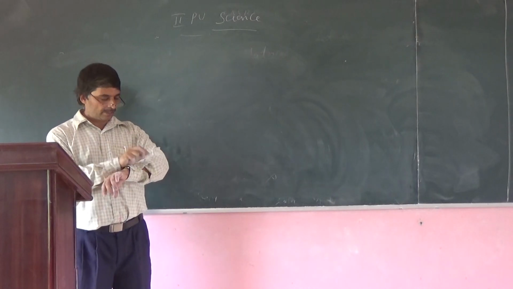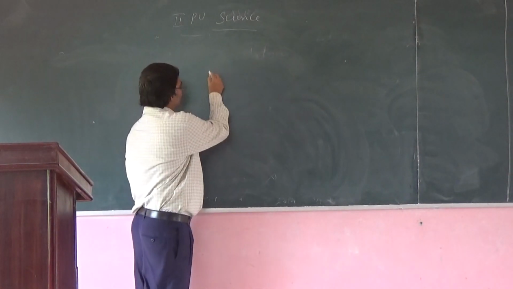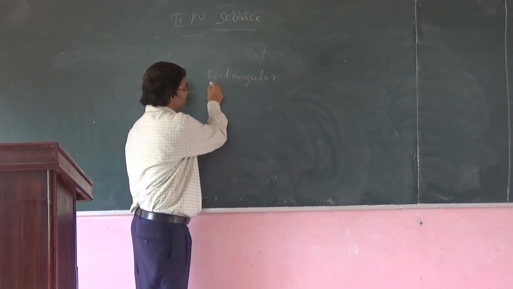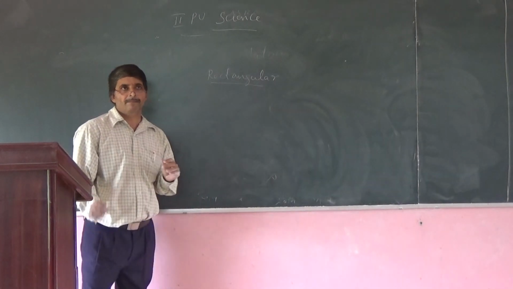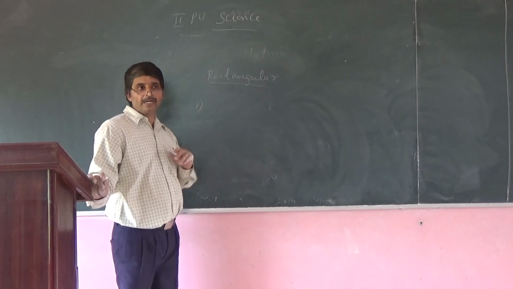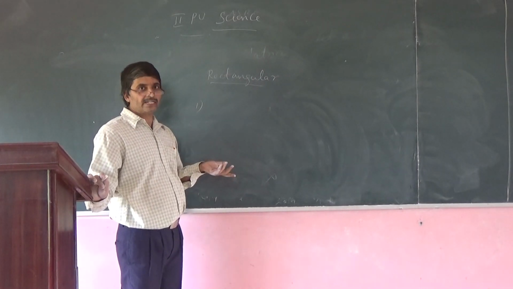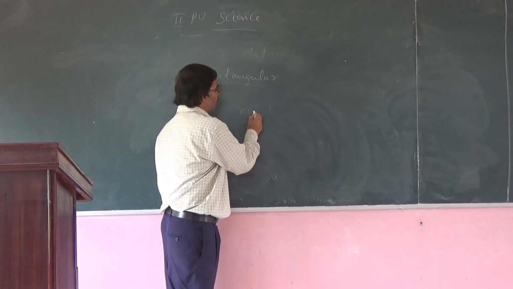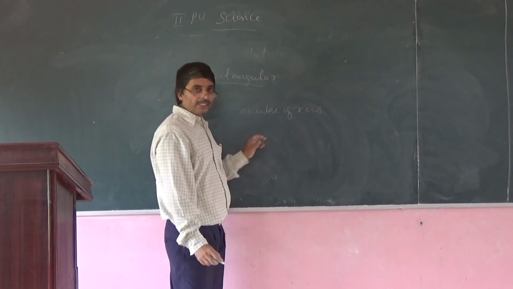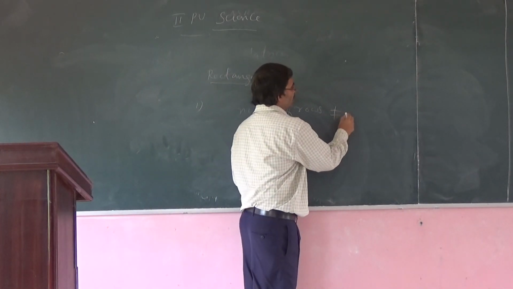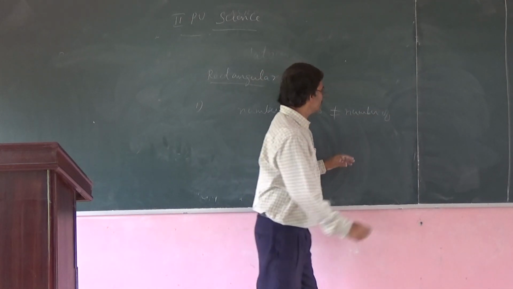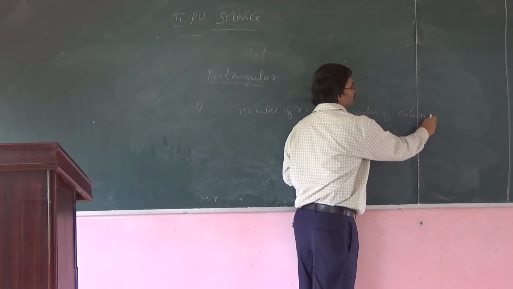Next, rectangular matrix. A matrix is said to be rectangular if the number of rows is not equal to the number of columns.